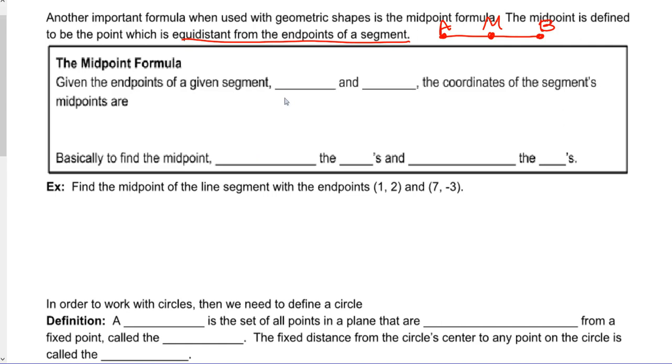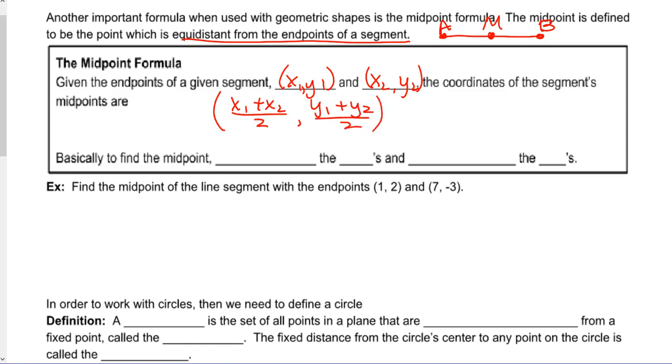So, given the endpoints of a segment, we're going to call them (x1, y1) again, and (x2, y2). The coordinate of the segment's midpoint is defined to be x1 plus x2 all over 2, and y1 plus y2 all over 2.